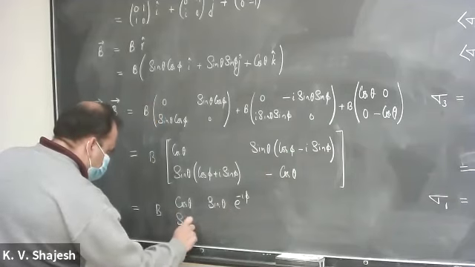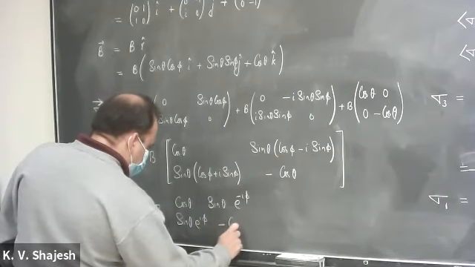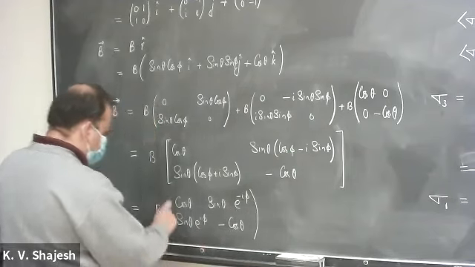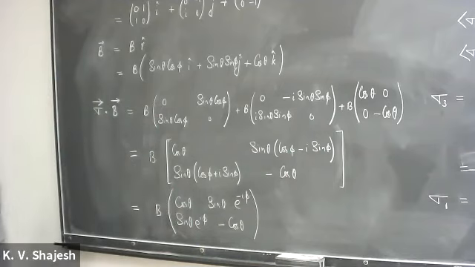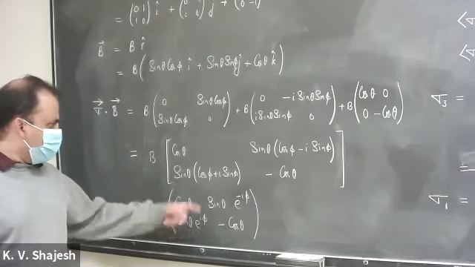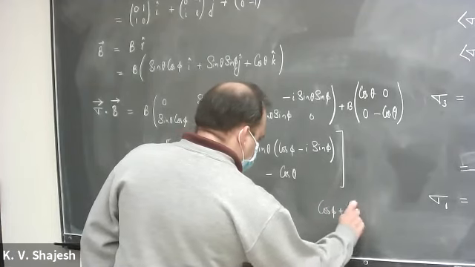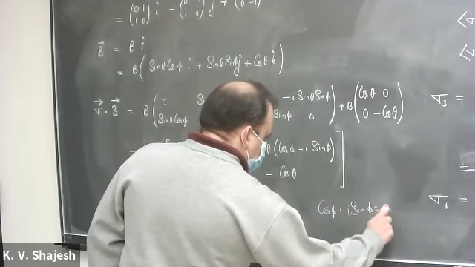This is sine theta e raised to i phi, and that's minus cosine theta. And e to the minus i phi, where I've used cosine phi plus i sine phi is equal to e raised to i phi.